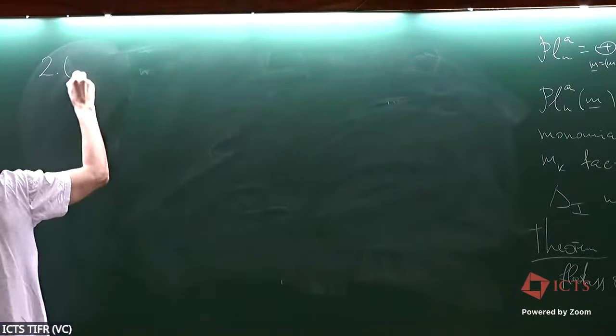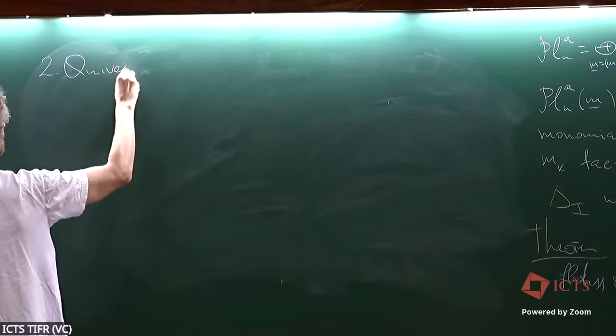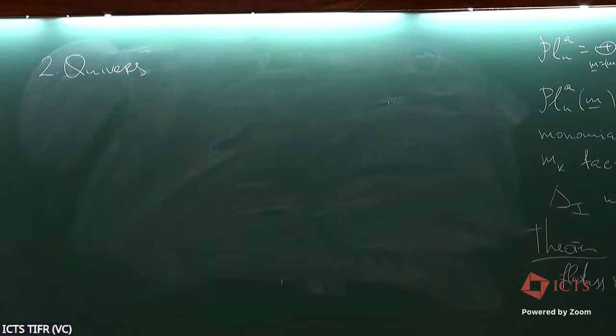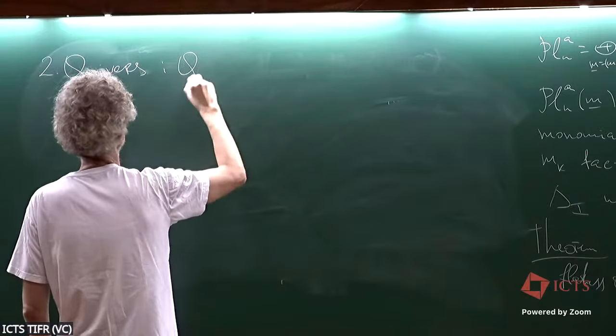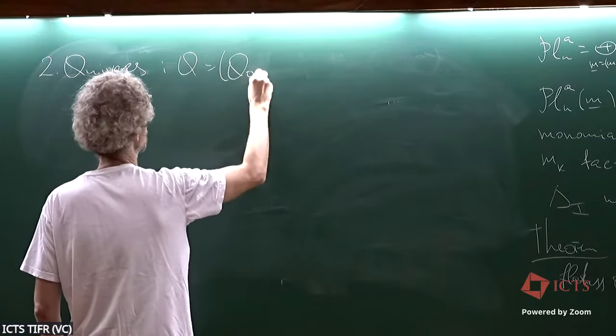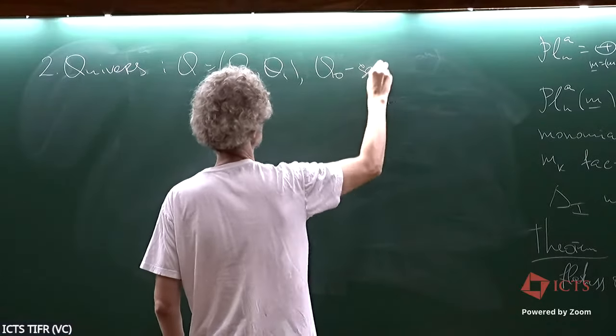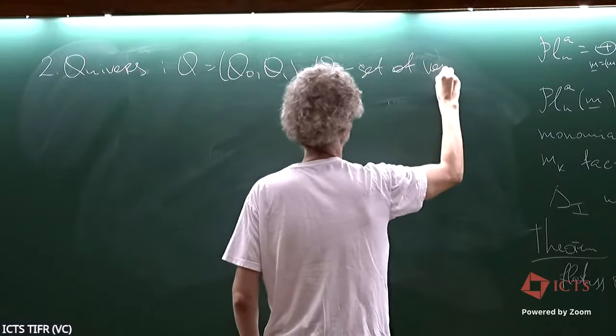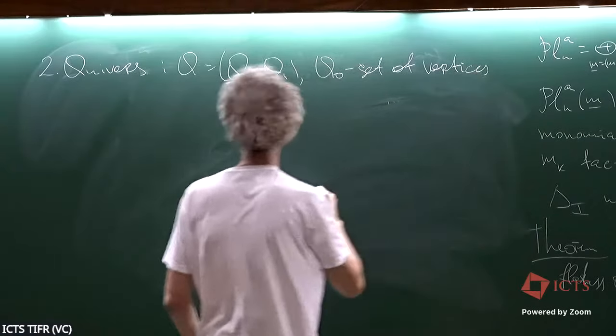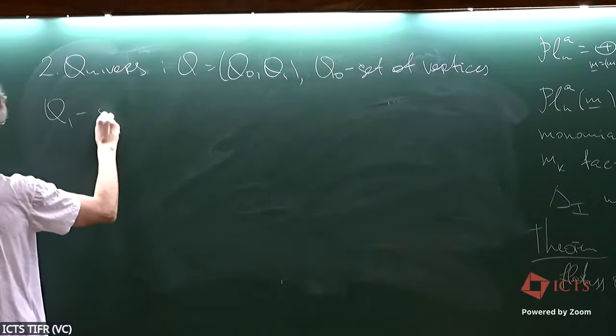So we've seen quivers already several times. It is just a collection Q, a pair Q0 and Q1. Q0 is the set of vertices, and Q1 is the set of arrows.